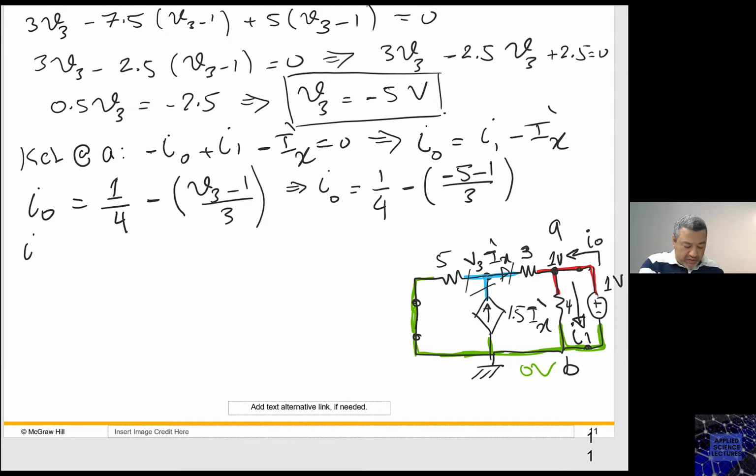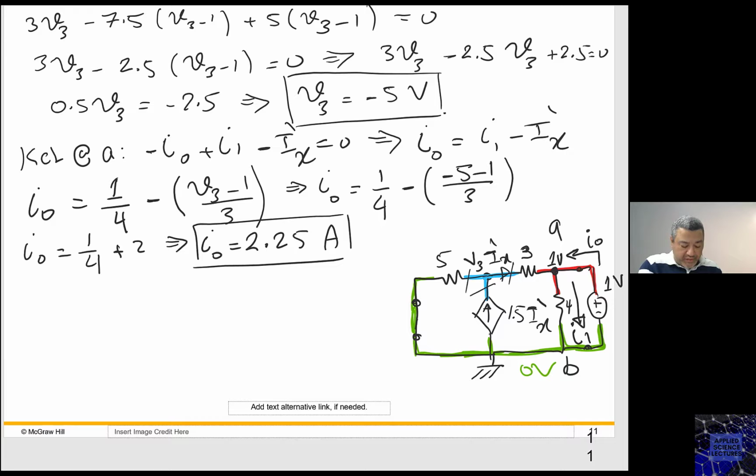So I naught is 1 over 4 minus 6 over 3, which is minus 2, and minus times minus becomes plus 2. So I naught is 2.25 ampere.